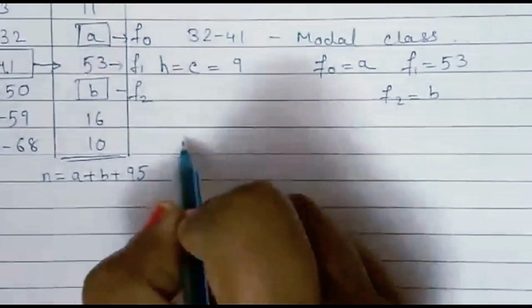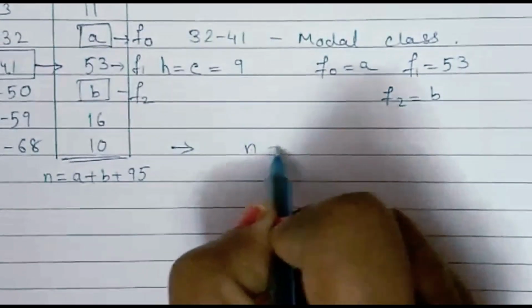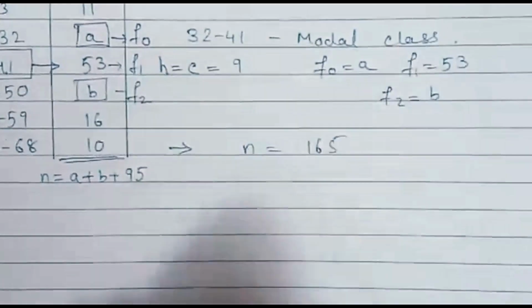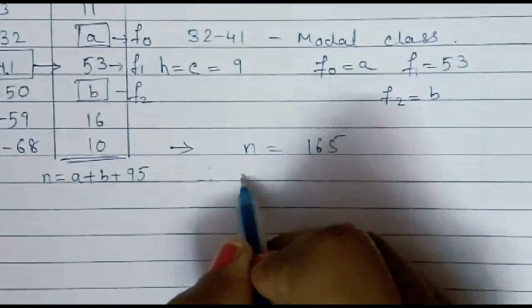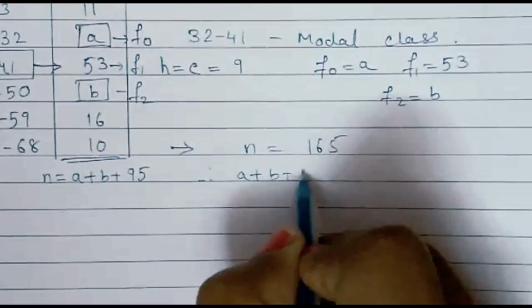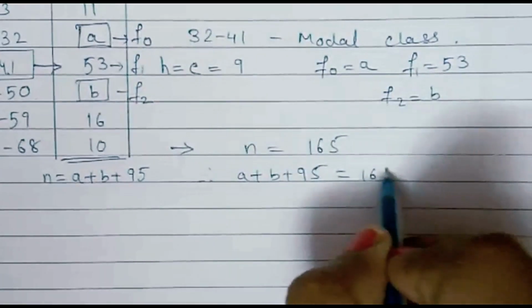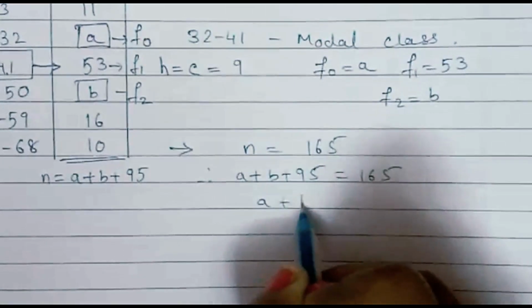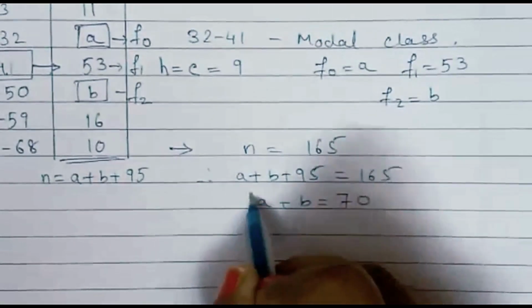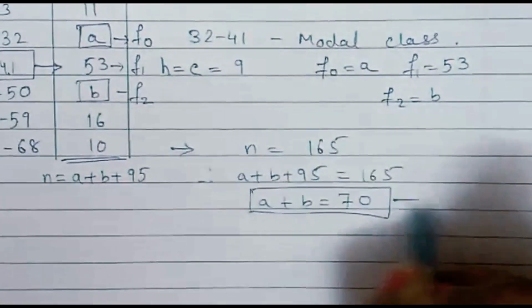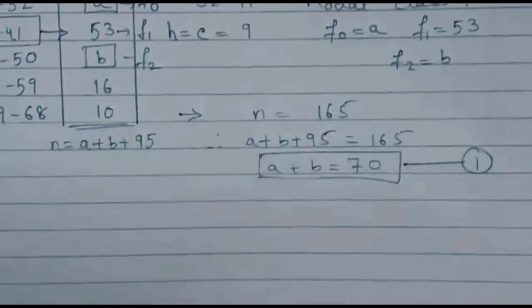N is 165 as per the question, and what we got from the table is A plus B plus 95 as N. If we compare it with 165, we will get one equation, A plus B is equal to 70. Just highlight it. This is our result number 1.